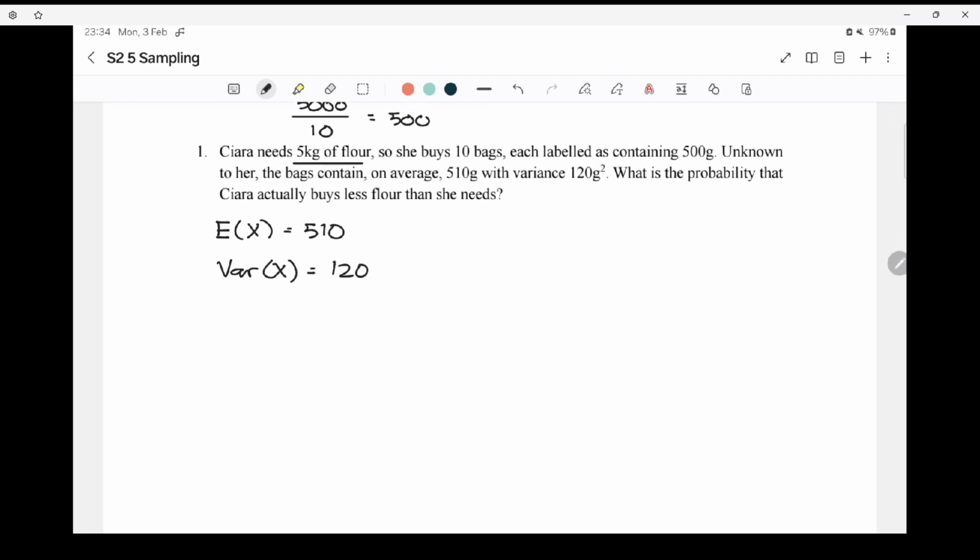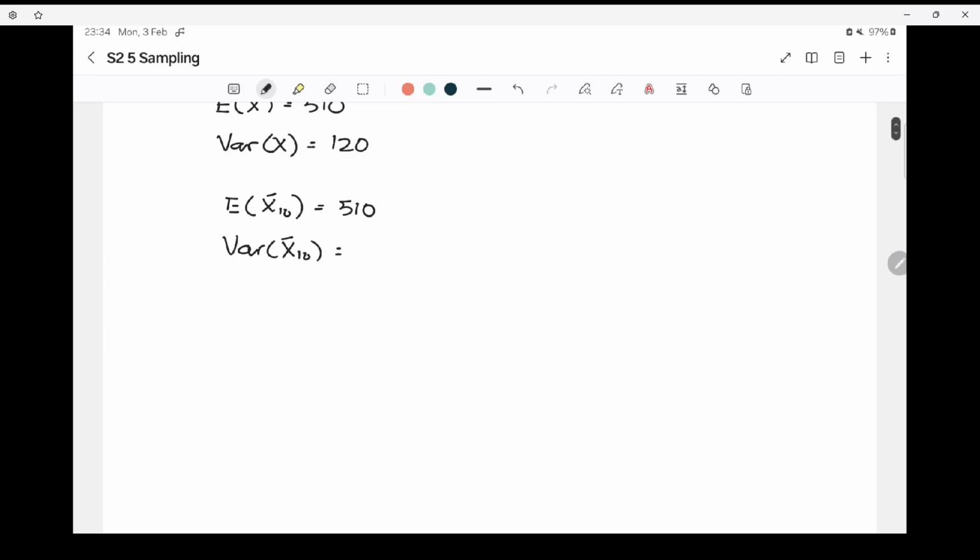So let's write down what is x bar 10 because you buy 10 bags. This is the same 510. The variance of x bar 10 would be 120 divided by 10, which is 12.